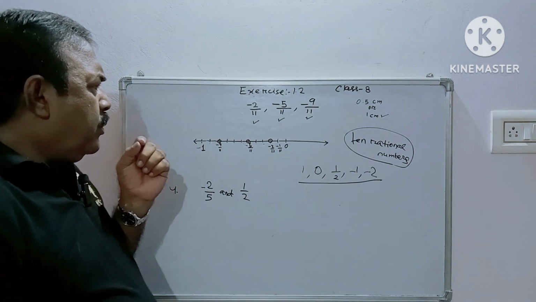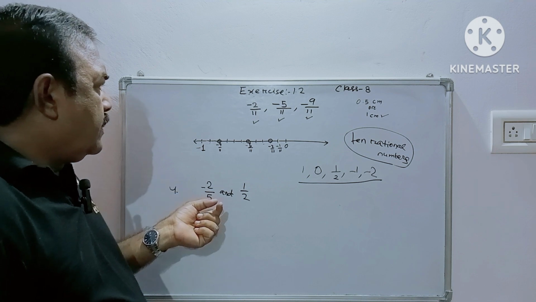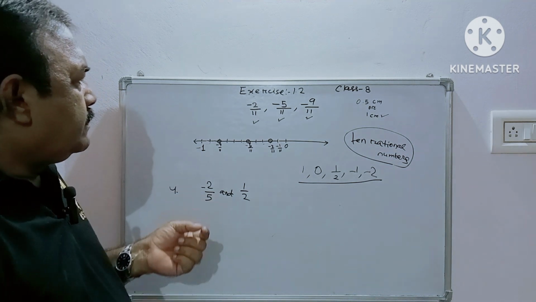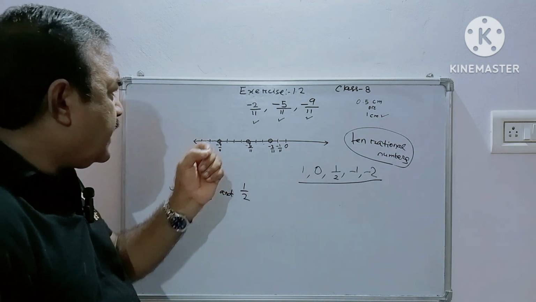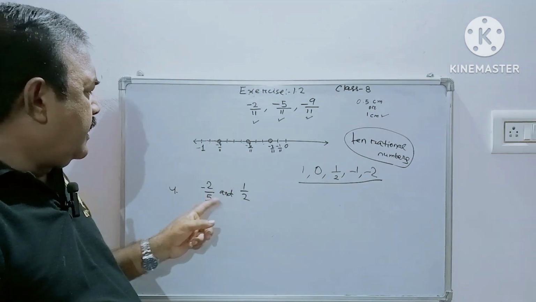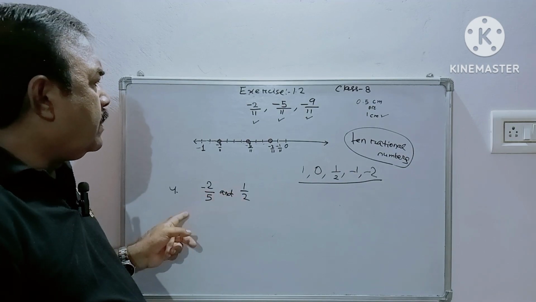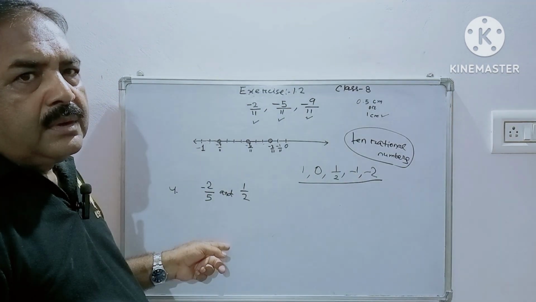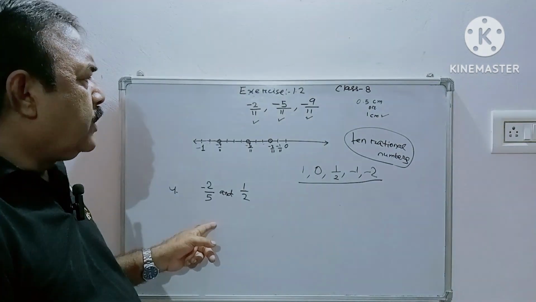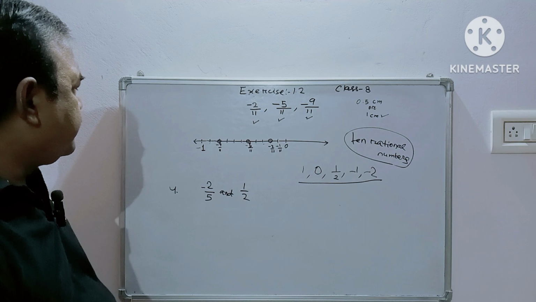If we had been asked to find one rational number, then we would have taken the mean, -2 upon 5 plus 1 upon 2 whole divided by 2. Like this we could do, but it has been given 10 rational numbers.